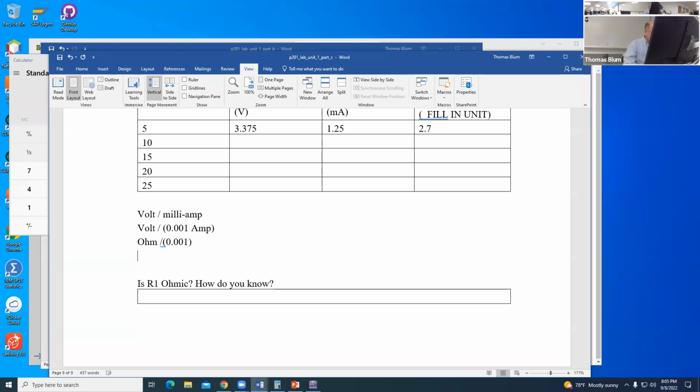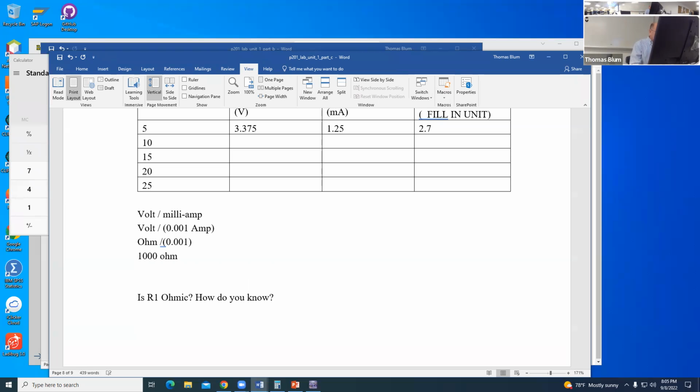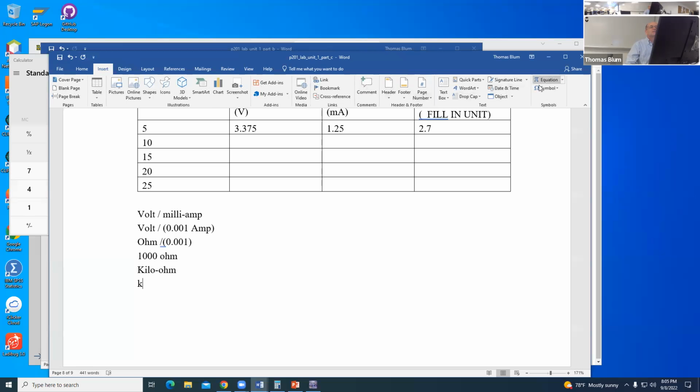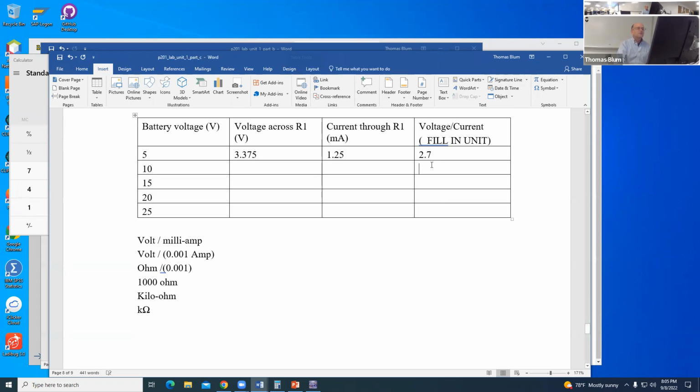So I have 1,000 ohms, which is a kilo ohm. I could write a K, and if I'm really fancy, I could go to insert symbol. You never need to do this for me, but there's a capital Omega, which is the ohm sign. Just spelling out ohms is good enough for me, but I'm showing you that I know Greek letters.